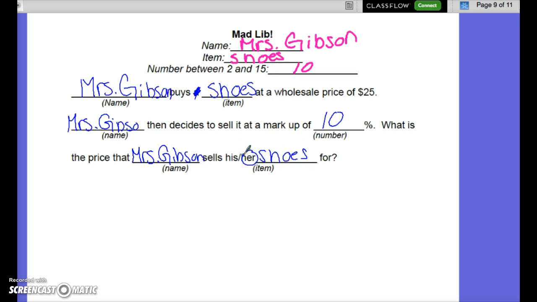Okay, so I know that it was $25. So I want to find essentially what is $25 increased by 10%. Since it's a markup, I know it's an increase.